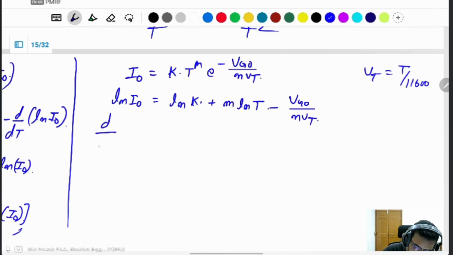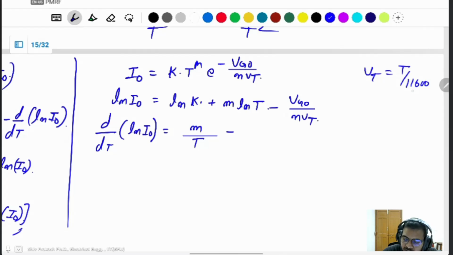Then you can differentiate all with respect to the temperature. K is a constant, so it will be 0. M ln T differentiated with respect to T is m by T. Same thing, this one will be the Vt, where Vt is T divided by 11,600. Yeah, temperature in Kelvin only.